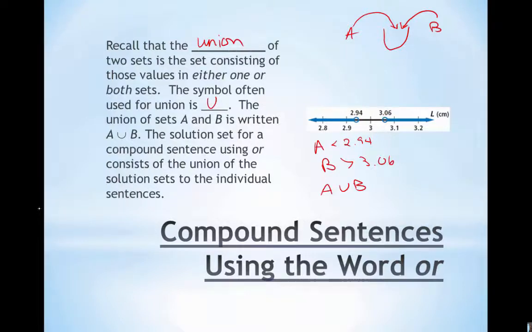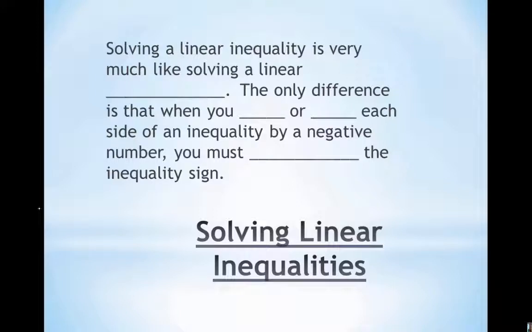Moving on. So now, we've talked a little bit about unions and intersections. Now we need to talk about how to solve inequalities and review that real quick. Okay? Solving a linear inequality is very much like solving a linear equation.